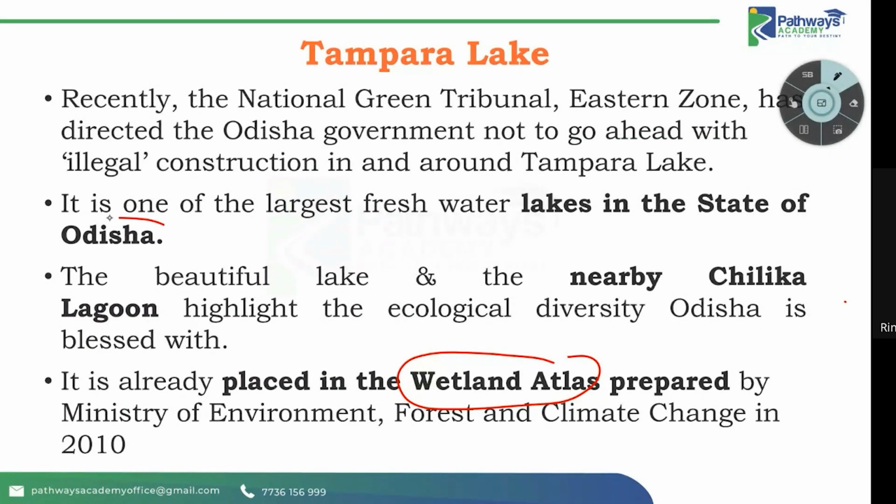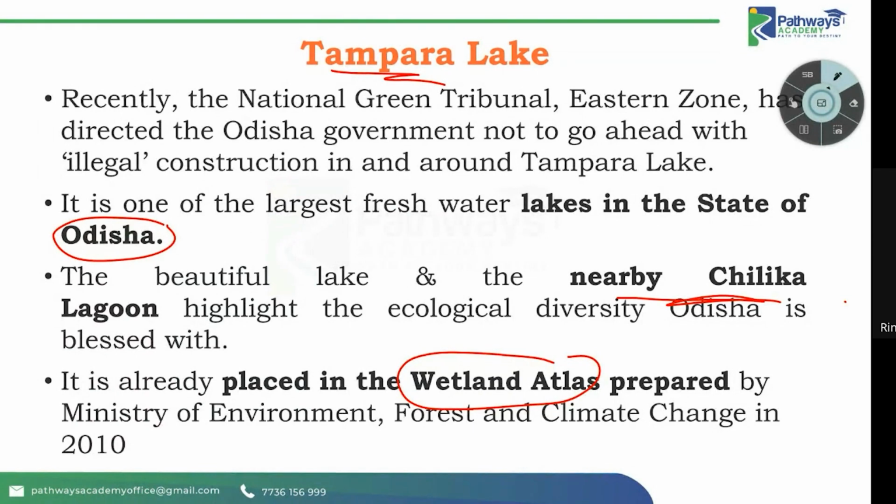Tambara Lake in Odisha is in the wetland atlas prepared by the Ministry of Environment. It is situated near Chilika Lake. Then they will ask whether this lake is a freshwater lake or saline water lake. This is a freshwater lake. Tambara Lake is a freshwater lake, but it is situated near Chilika Lake.